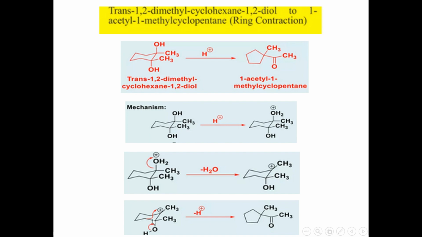This won't shift over here, but here this bond breaks and this shifts over here. That's why ring contraction occurs to give 1-acetyl-1-methylcyclopentane. This is the stereochemistry here. The leaving group and the migrating group should be opposite to each other. That's why trans 1,2-dimethylcyclohexane diol gives a different product from cis 1,2-dimethylcyclohexane diol.